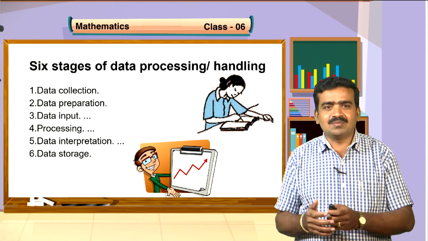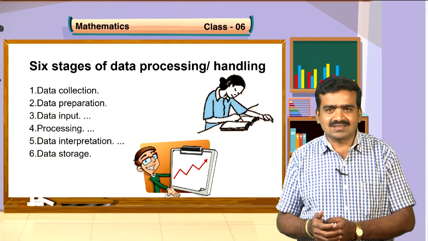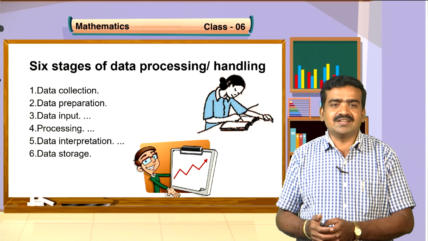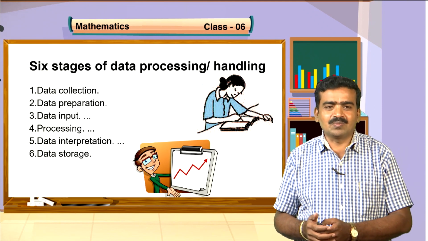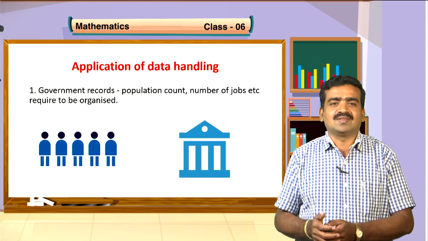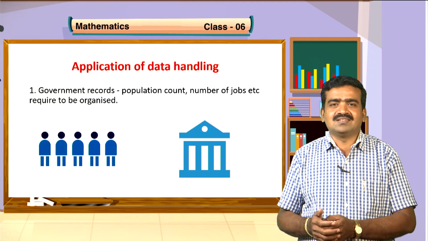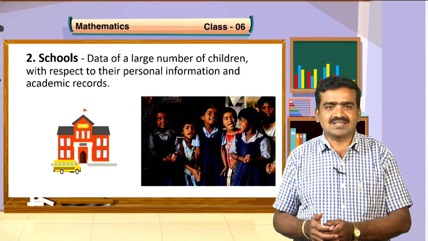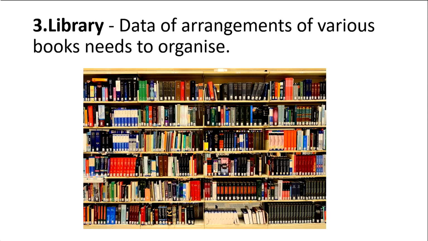And you have learnt about the 6 stages of data handling: data collection, data preparation, data input, processing, data interpretation and data storage. And also you have learnt the applications of data handling in our daily life, like in a government sector, at the school and in the library, how the books are going to be arranged and why it has to be arranged.